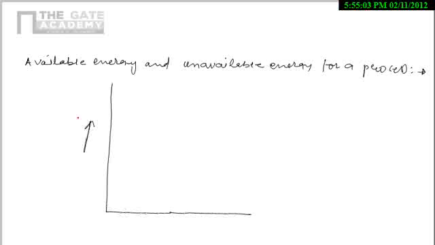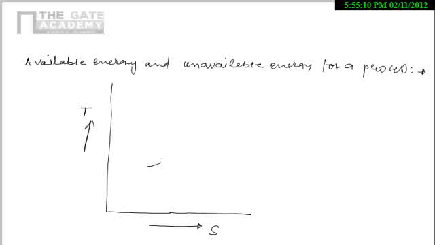Now let's define available and unavailable energy for a process. Here I am drawing a process on a TS diagram. On the y-axis I represent T, and on the x-axis I represent entropy.